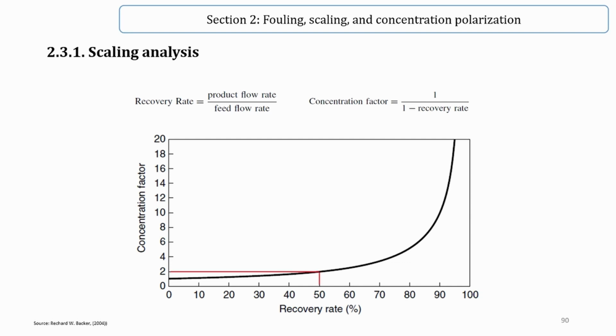With plants that operate below a concentration factor of 2, that is 50% recovery rate, scaling is not normally a problem. However, many brackish water reverse osmosis plants operate at recovery rates of 80 or 90%.